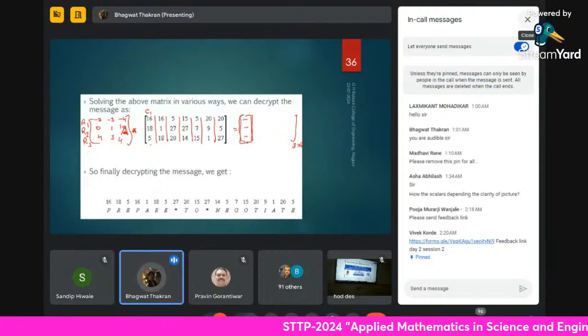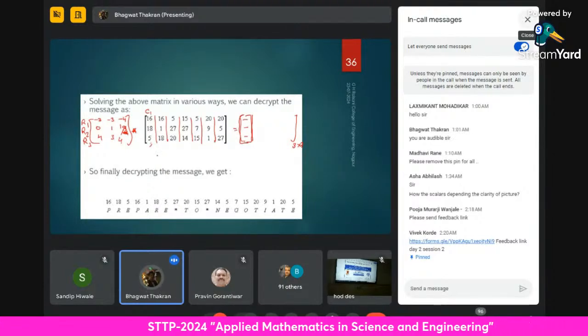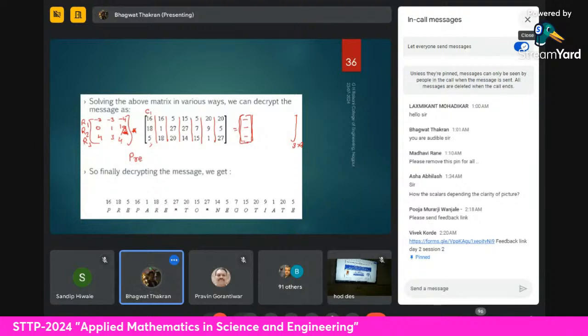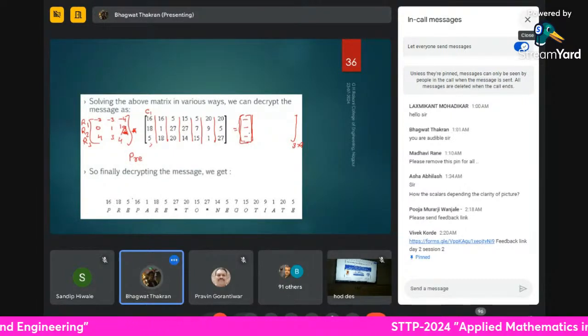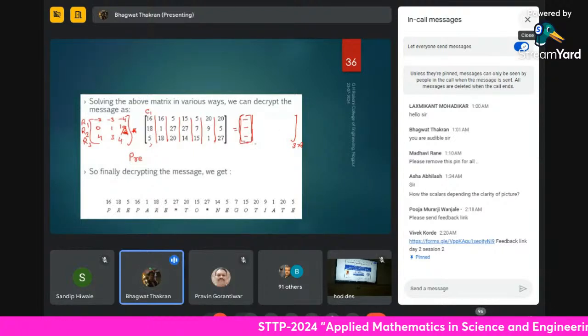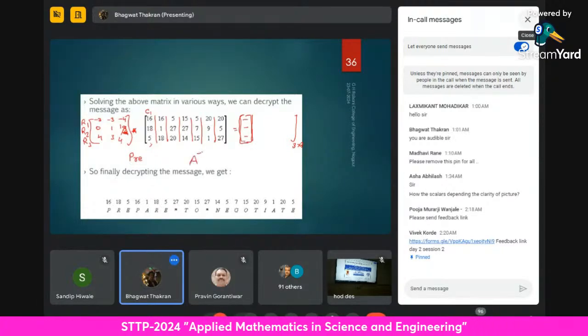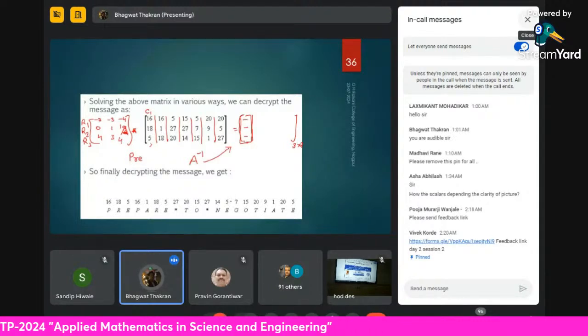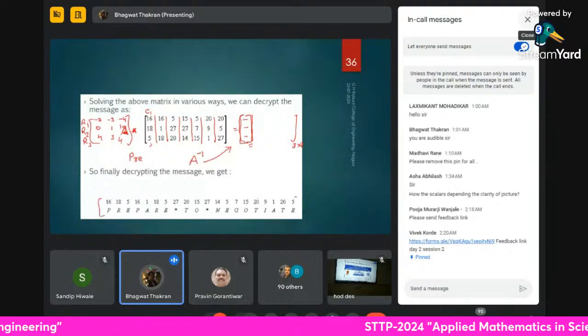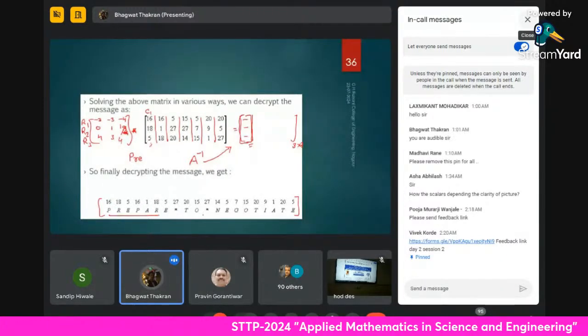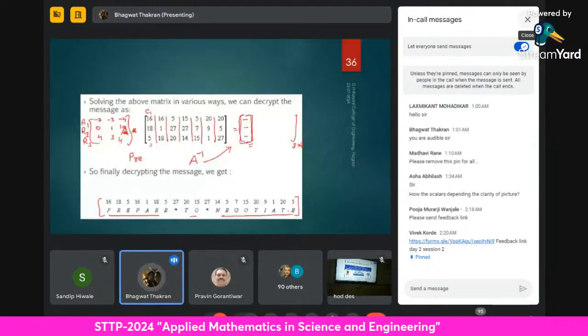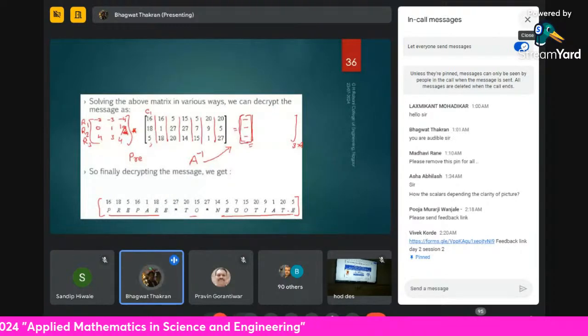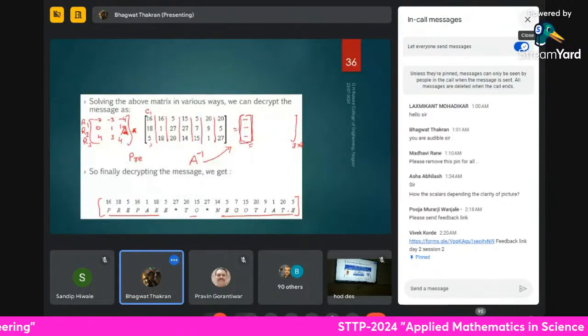Now these three numbers will not match with the numbers 16, 18, 5, which means you cannot decode until I have read. So decoding can be done now by operating A inverse on this matrix. Once I operate A inverse on this matrix, I'll get back this set of vectors again. So this is the application of matrices and vectors in cryptography.